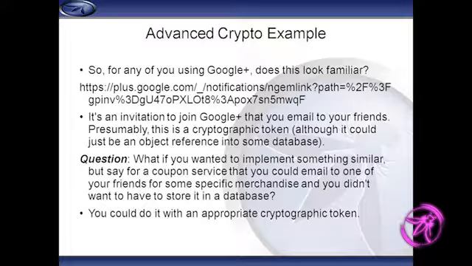So, related to that, if you wanted to implement something similar, but for a coupon service that you could email, how would you do that? Well, you could do it if you had the appropriate cryptographic token.